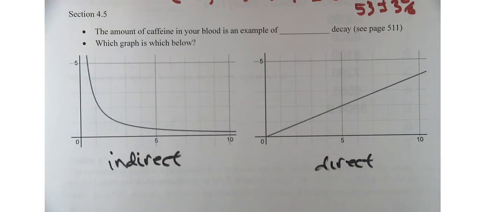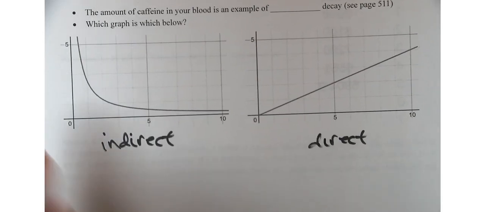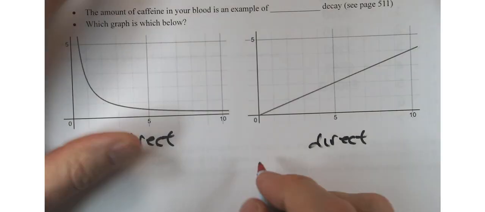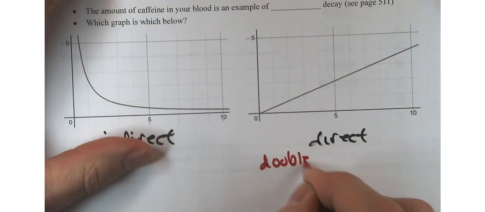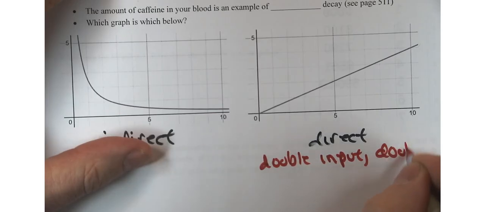How can you tell if something varies directly? What's the acid test for it? It goes through the origin. Good. Another thing is if you double the input, what happens to the output? Doubles. Double the input, double the output. Good. So double the input doubles the output.